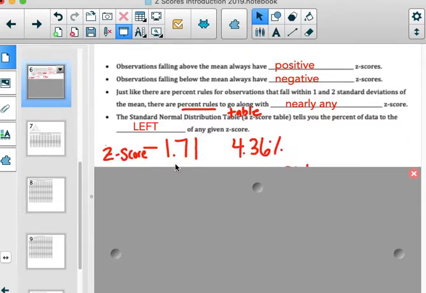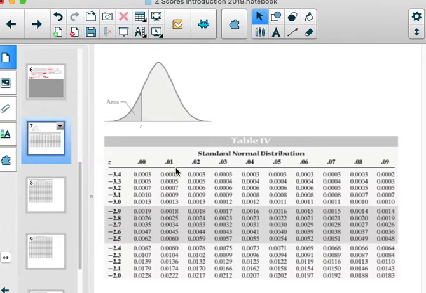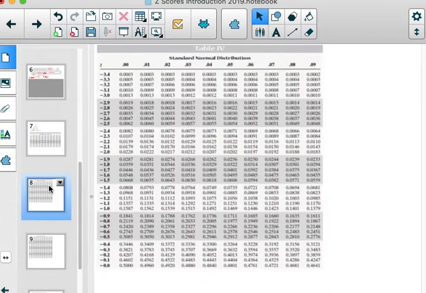So let's all find a z-score of 1.71. And let's even go negative. Negative 1.71. How that works is you go down the left column here, and you're going to find negative 1.7.